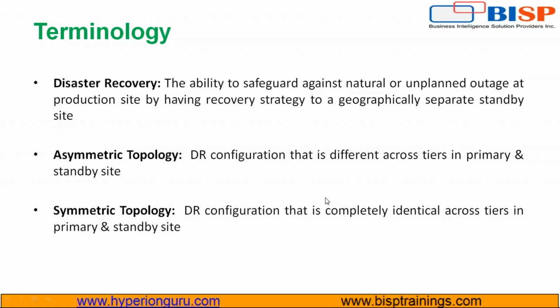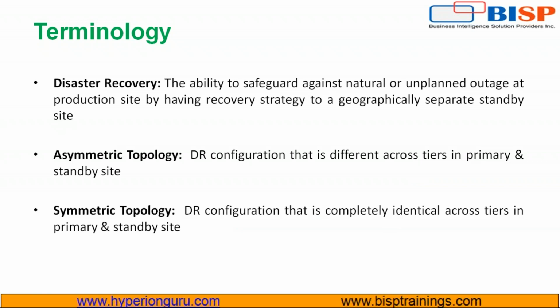So there is something called asymmetric topology and symmetric topology. Asymmetric topology is a configuration that is different across tiers in the primary and standby site, and symmetric is a configuration that is completely identical across tiers and sites.